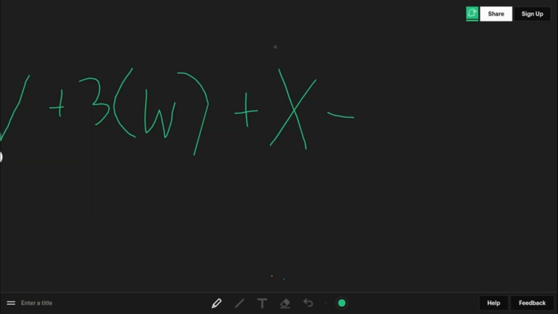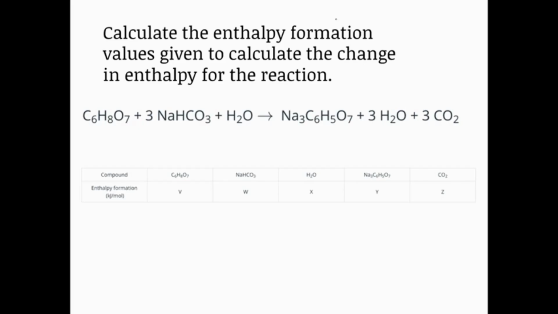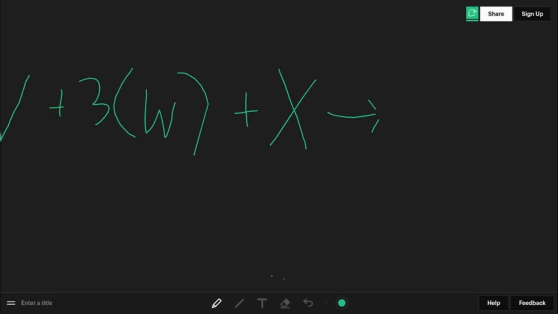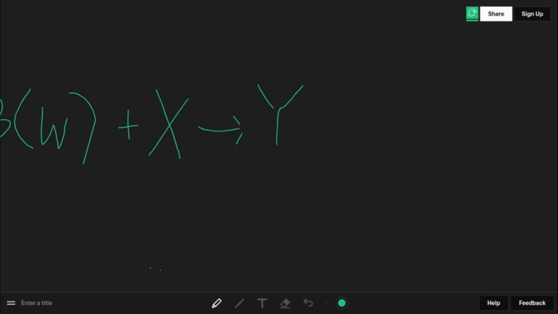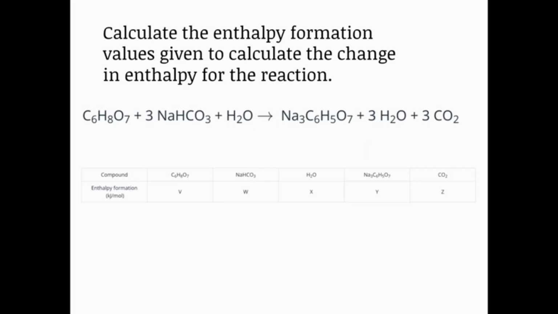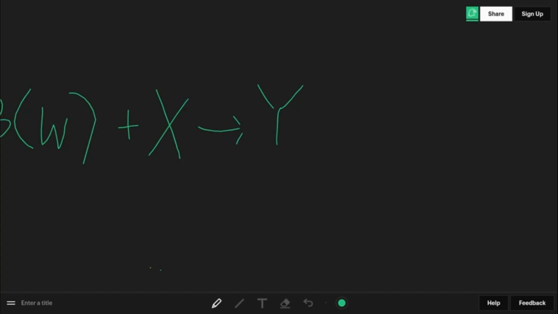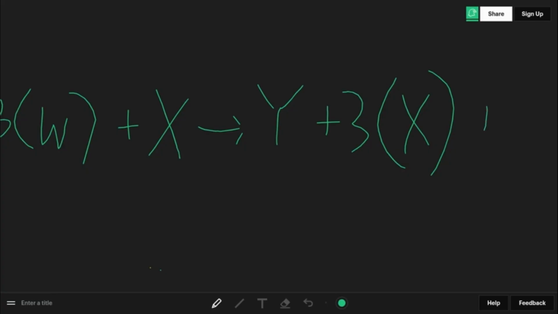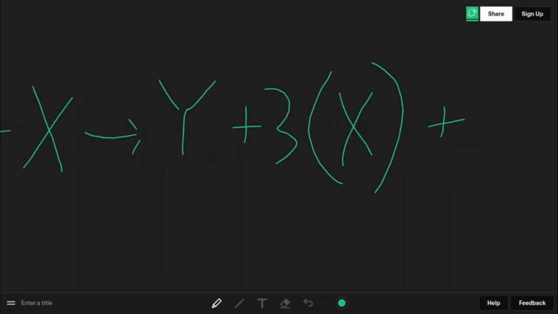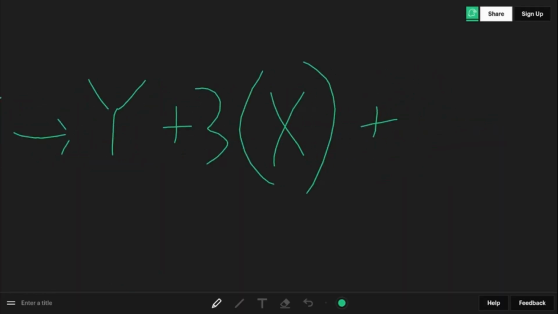Then we say that this yields this thing, which is just Y. We have 3H2O, which this table tells us is X, so 3X. And then 3CO2, which is 3 times Z.